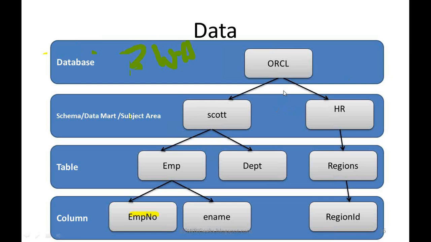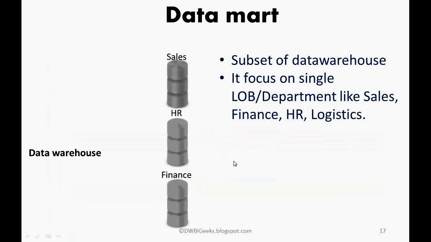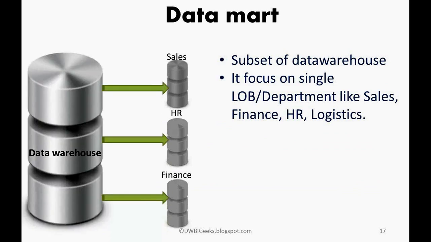Okay, fine. Let's move on to our next topic, that is data mart. I have already discussed this, so let's have a recap. In a data warehouse, the data related to each subject area is segregated and placed together in separate components.